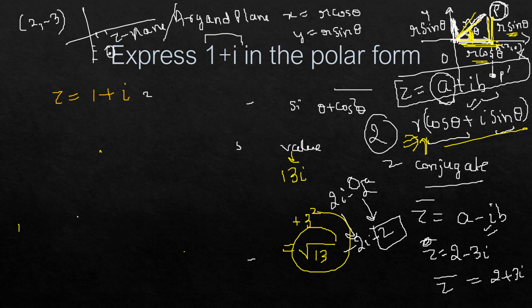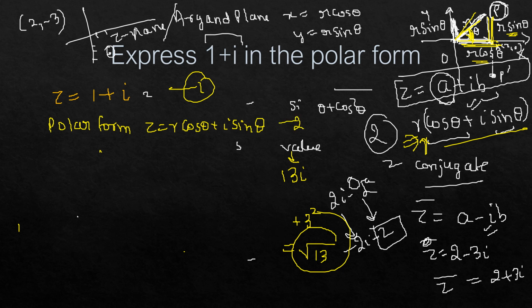But according to the polar form, z is r cos theta plus iota sine theta. Yes or no? So if I compare both of these equations, on comparing, what would I get? Real part will be equal to real part. r cos theta will be 1.